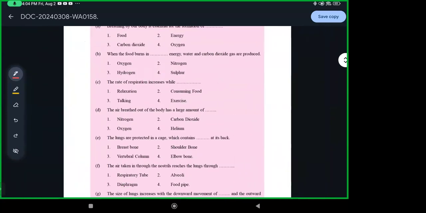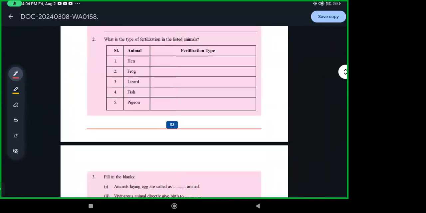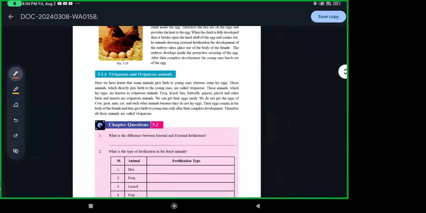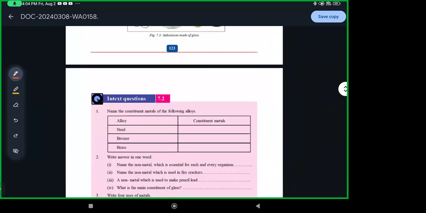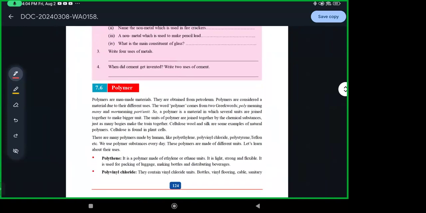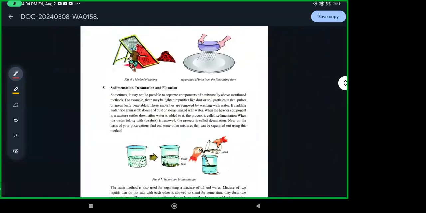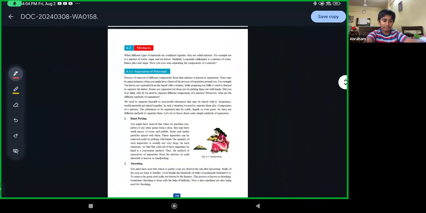Okay, so let's move on to the materials that we were studying. Materials chapter, types of materials. Ma'am, what about the marks for the math paper?